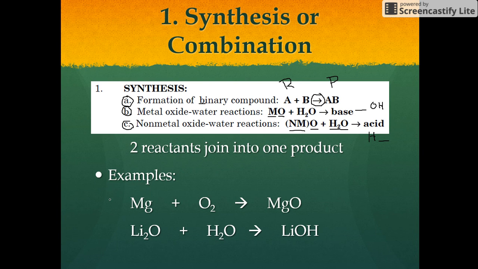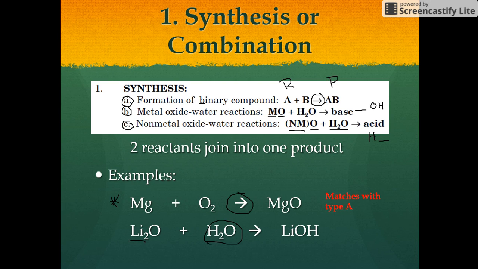If we look at this first example right here, Mg plus O2 produces, that's how I would talk about this arrow, produces MgO. If I try to match it with either A, B, or C, it looks more like A. Right? In the second example, I can see water here. So that means something had to react with water. Now, of your options, B and C reacted with water.